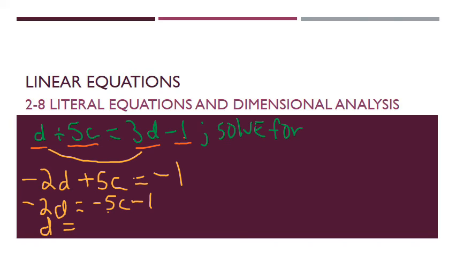And so that's going to allow me to change the signs up here at the top. Negative divided by a negative is a positive. So I get 5C plus 1 over 2. And there we go, we have solved for D. D equals 5C plus 1 over 2.